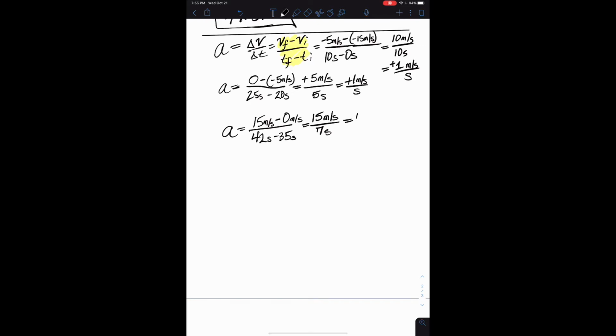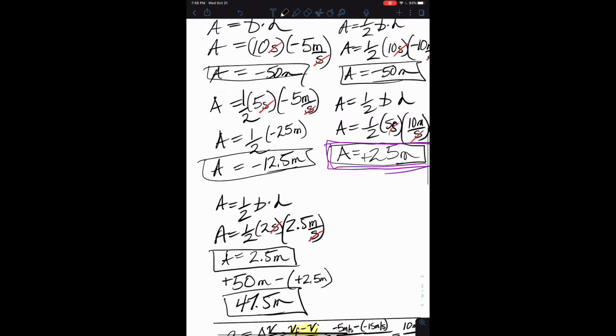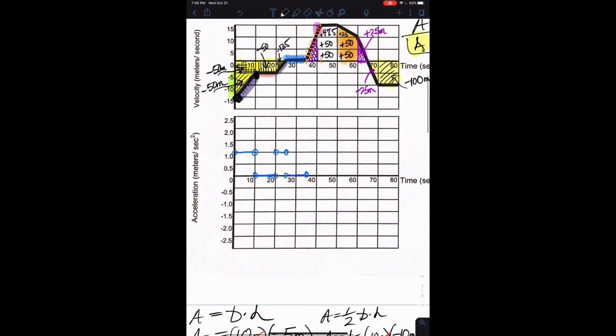All right, I have some notes sitting up here. I couldn't do that in my head. I don't know, maybe you can. 2.14 meters per second, assuming my notes are right. All right, and that's positive. So let's go ahead and add that in here. Get the blue out again. All right, positive 2.14, and this is going to go to 42.